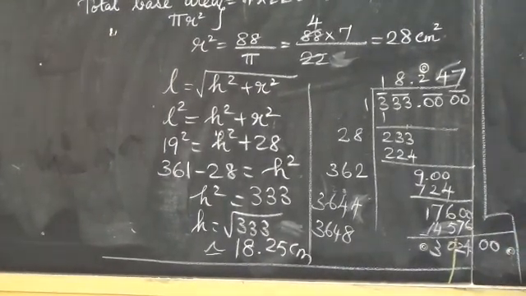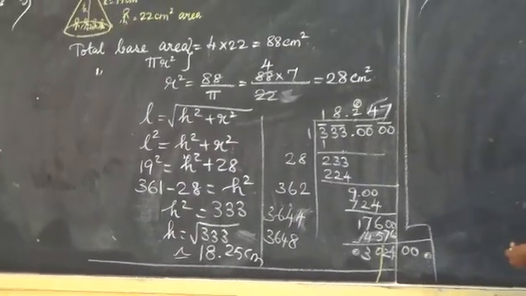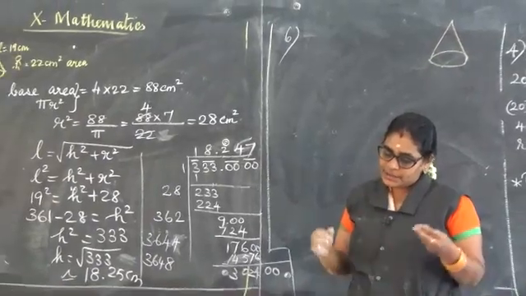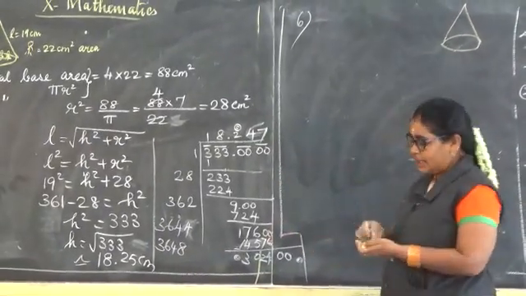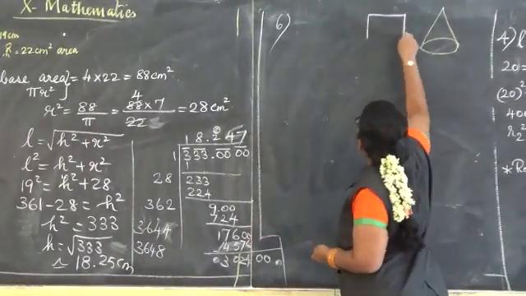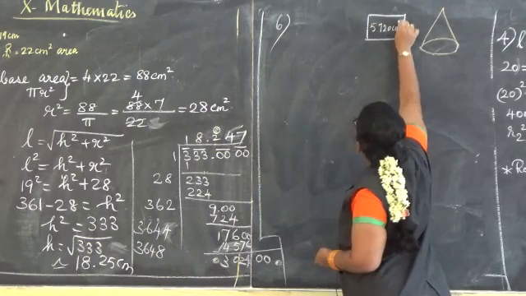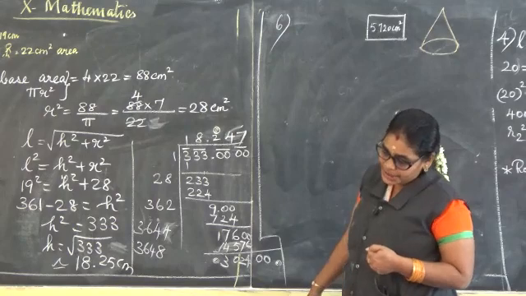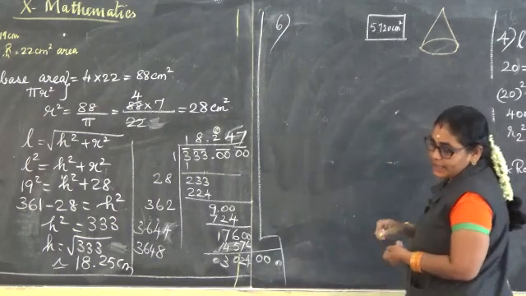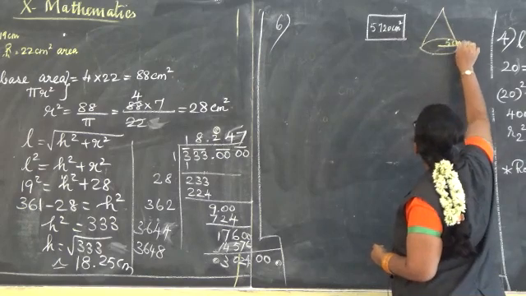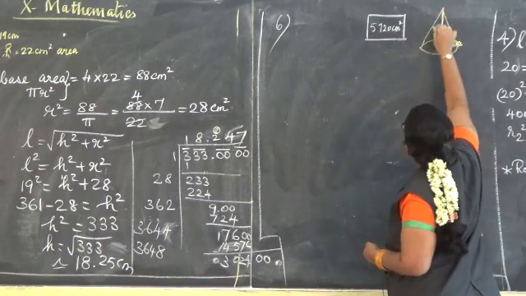The cone cap will be like this, and she wants to prepare a cap using a sheet of area 5720 centimeter square, and she prepared the cap of radius 5 centimeter and height 12 centimeter.